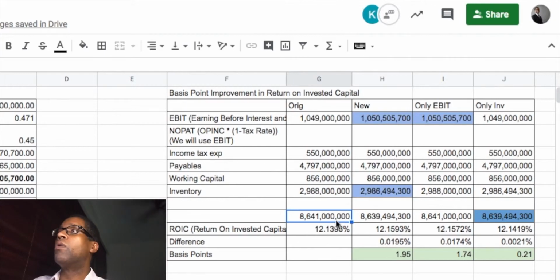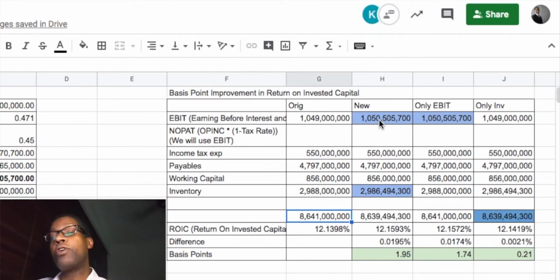Now, in order for us to see an improvement, if we were to reduce the price per piece, that would mean we would reduce our cost of goods sold and it would reduce our inventory. We'll increase the numerator because we're going to see improved earnings before interest and taxes, improved profit.